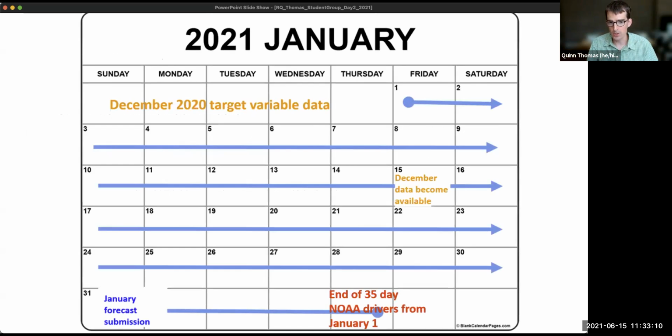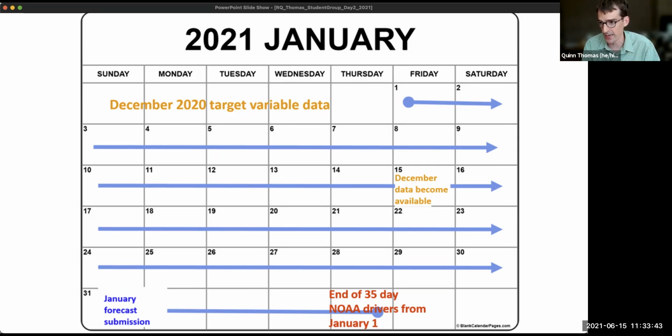And so, for example, here is January 2021. The December data become available in mid-January. That data is now available for you to generate a forecast. But by the end of January, your forecast for all of January plus a few more days is due. So by the time you submit your forecast, it is data for a time period that has passed, but it's still data that you have not seen yet and you could not have seen.